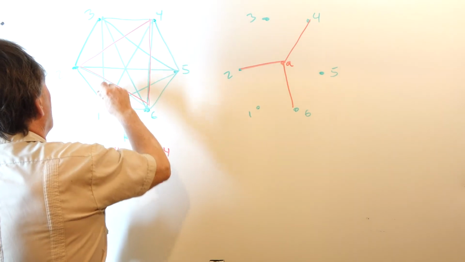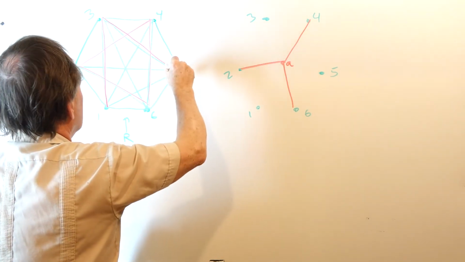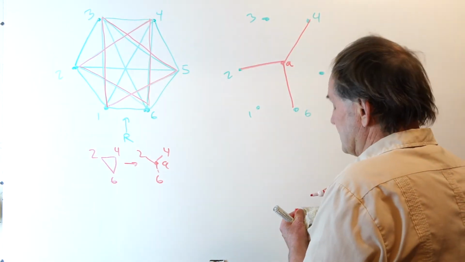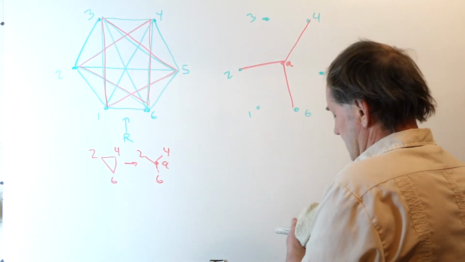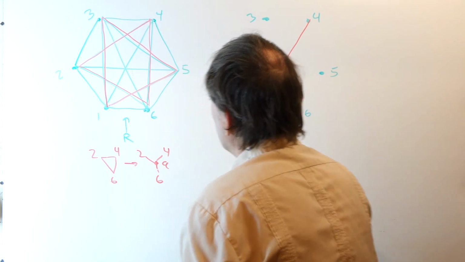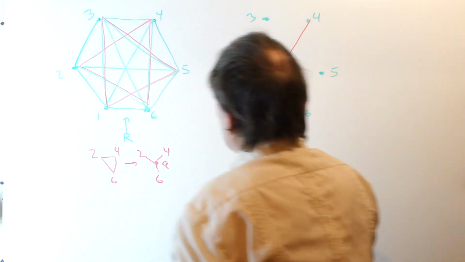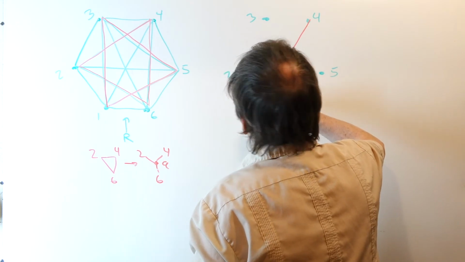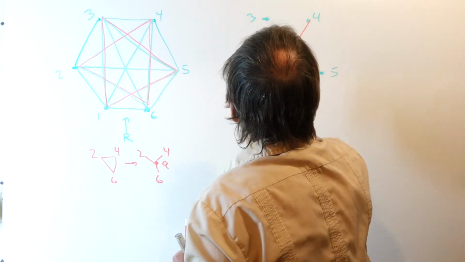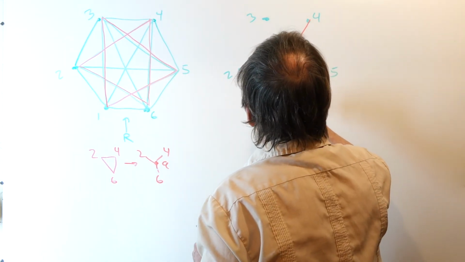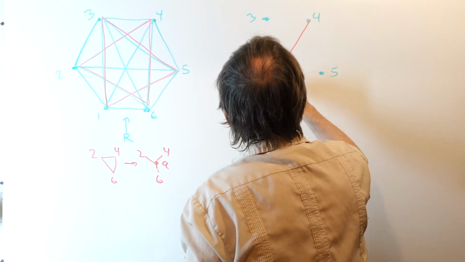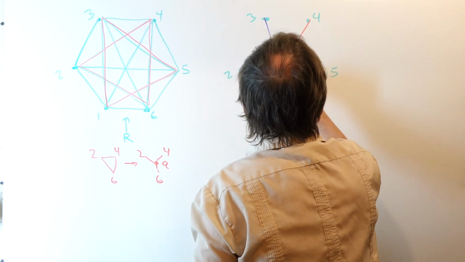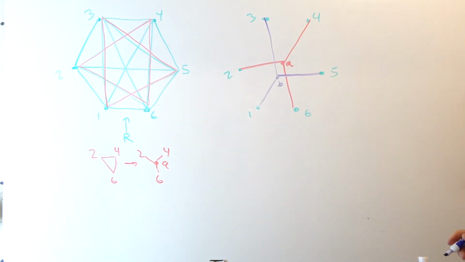So we go 1 to 3 to 5, and we're going to construct a delta there. Or from the delta, we're going to now construct a Y. So we go 1, 3, 5, and we're going to create a node B. So 3 to B, 1 to B, and 5 to B.